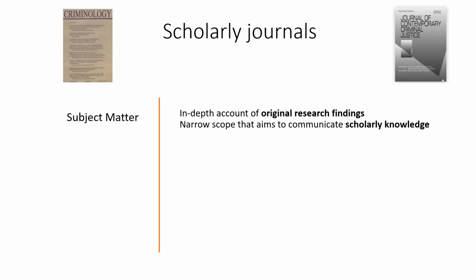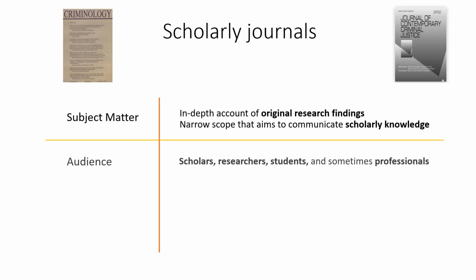Usually journal articles have a very laser-focused approach to thinking about things, so they may have a very specific angle they're using. The audience is other scholars, researchers, students, and sometimes professionals will read these journals to get an idea of what practices they should be engaging in the field.